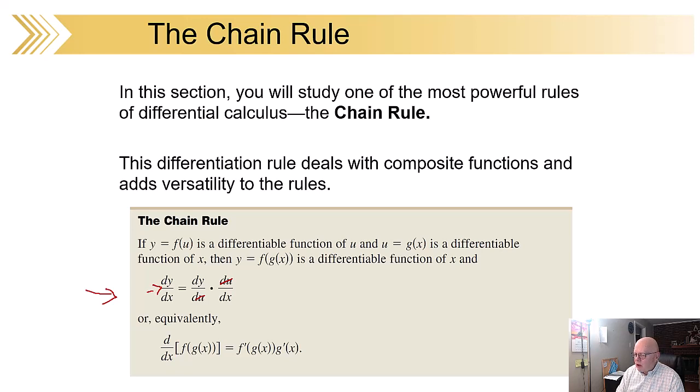The second one, also using the same person's notation, looks like this. Now, first of all, what you have to realize is that this is a composite function. It's one function inside the other. For example, here's example number one, not the one we're going to use.